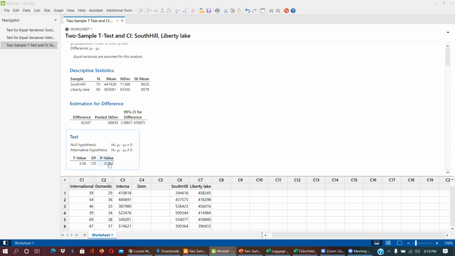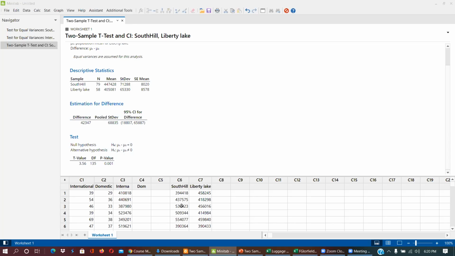Since the p-value is less than the alpha value, we reject the null hypothesis and accept the alternative hypothesis. That means mu1 minus mu2 is not 0.